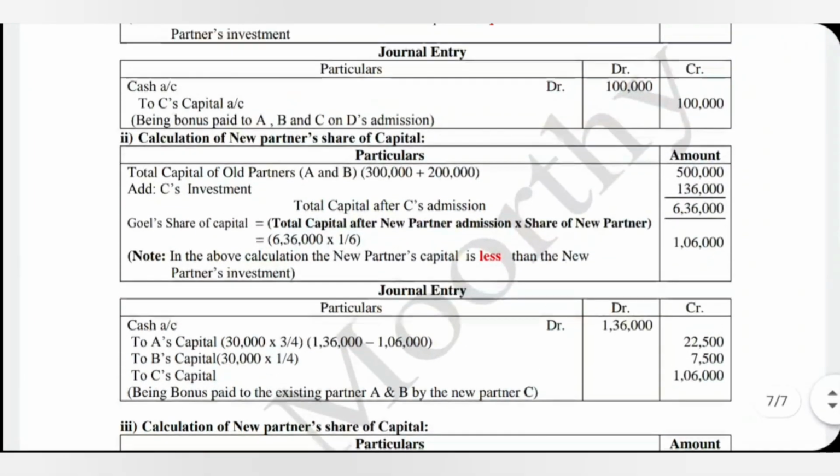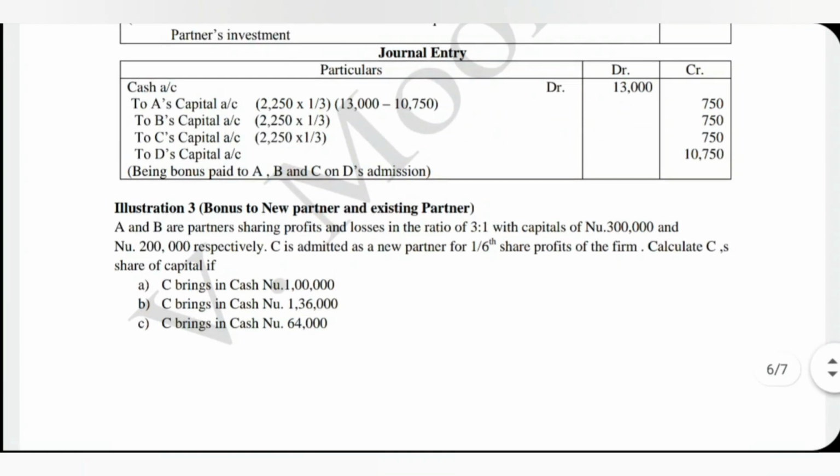So I have given another illustration, all the three methods put together. A and B are partners sharing profits and losses in the ratio of 3:1 with capitals of 300,000 and 200,000 respectively. C is admitted as a new partner for 1/6 share of profits of the firm. Calculate C's share of capital if C brings in cash 1 lakh, or 136,000, or C brings in cash 64,000.